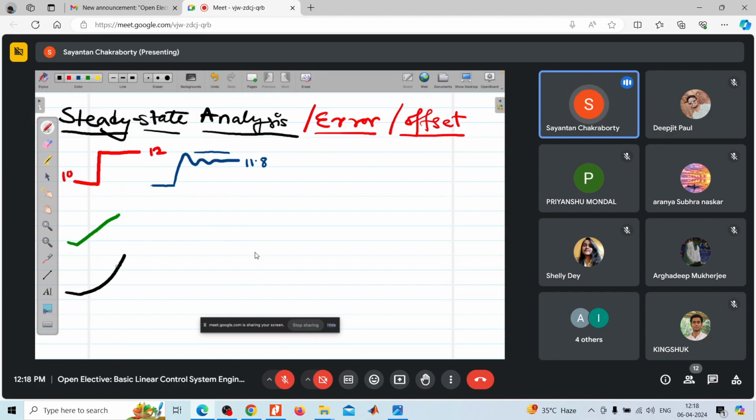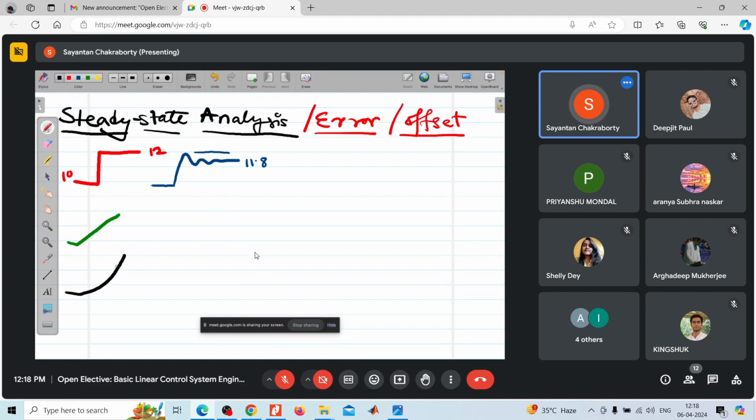Now, what attribute determines whether a particular system will follow a particular signal or not? It has to be determined, because in system theory we cannot just assume anything like that. It is a property of the system, we cannot do anything about that.